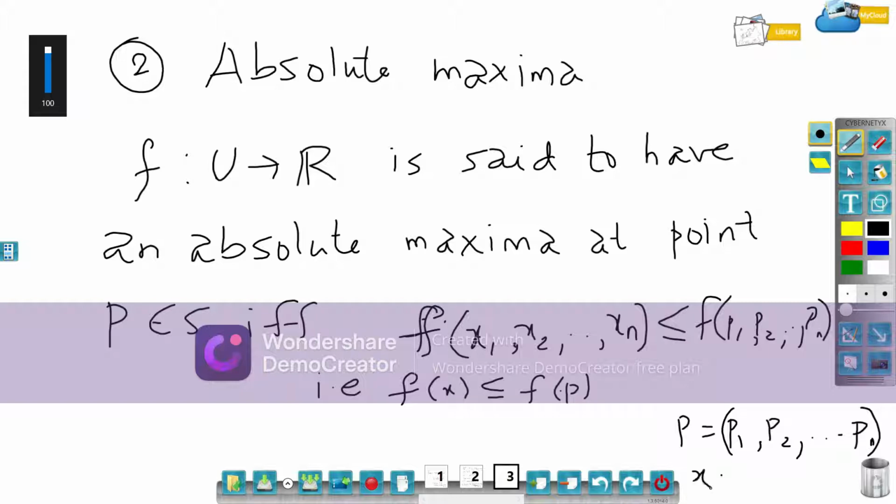What is x in this case? x is x1, x2, ..., xn, for all x belonging to U.